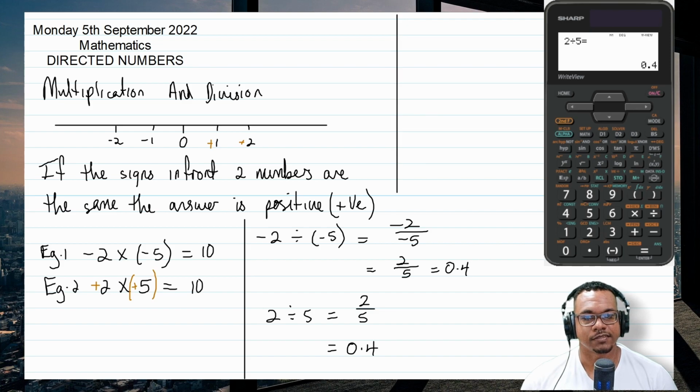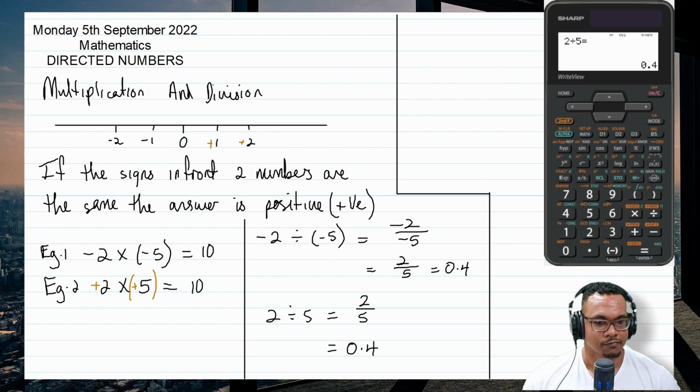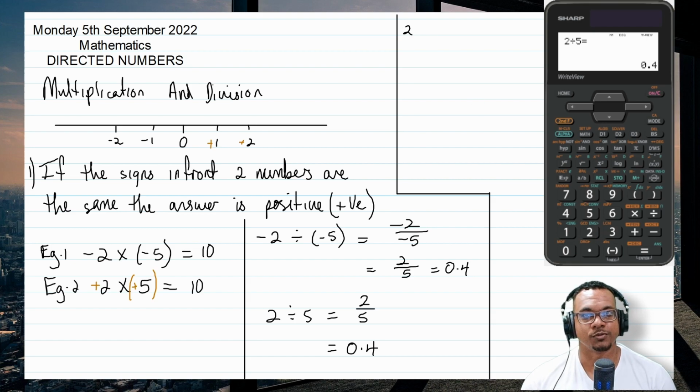Good. Got a space here. Okay, so this would be like rule number 1 for multiplication and division, and then rule number 2.